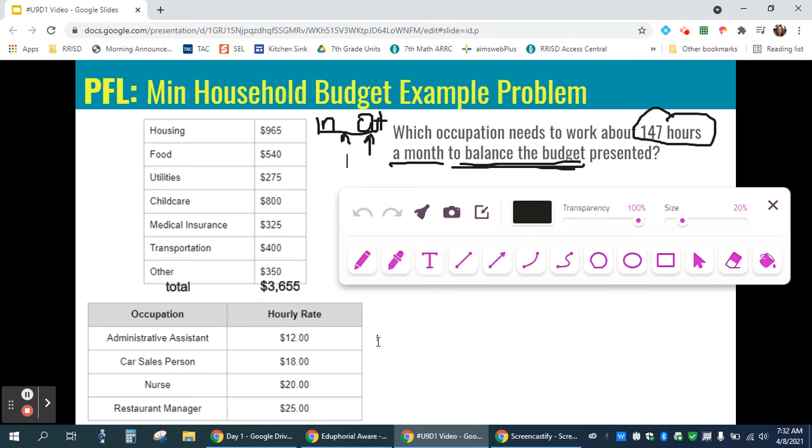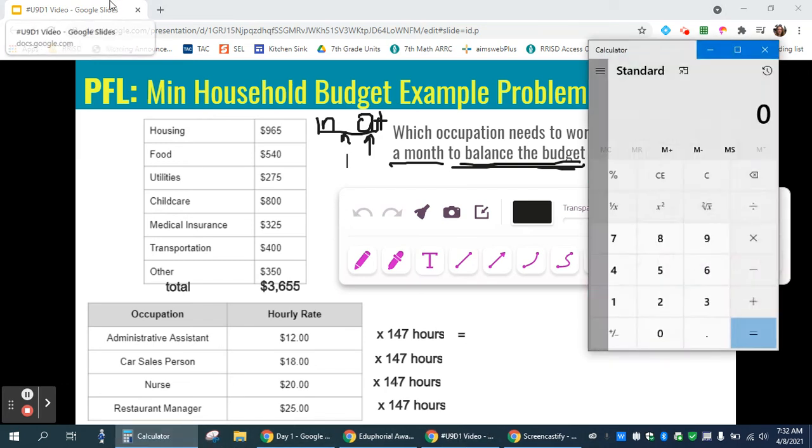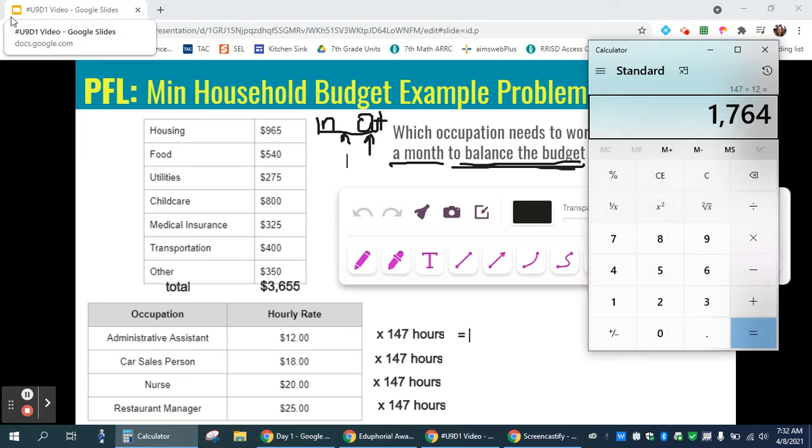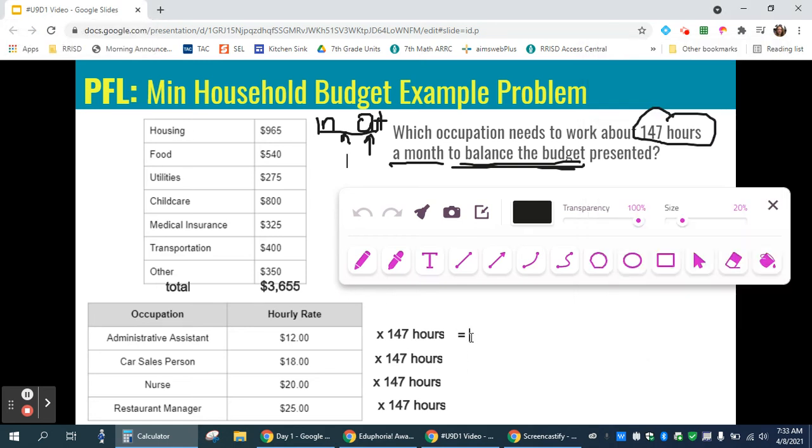So we're going to be multiplying all of these by 147 hours to see which one is going to give me a balanced budget. 12 times 147 is $1,764.